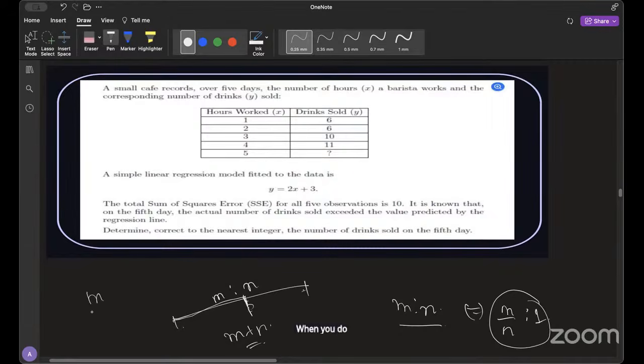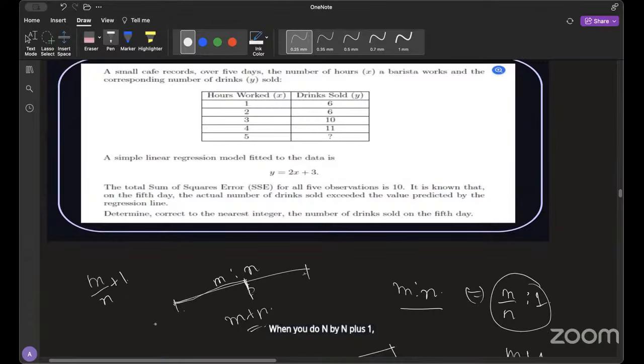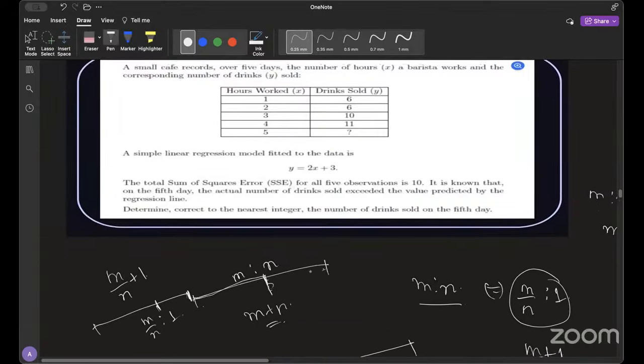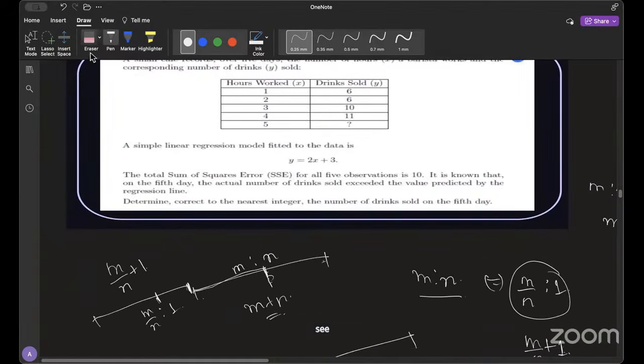When you do m by n plus 1, it means one part is here, and the m by n parts are here, which is essentially the same as, when you write m is to n, this is basically m by n. Or how do I say this.